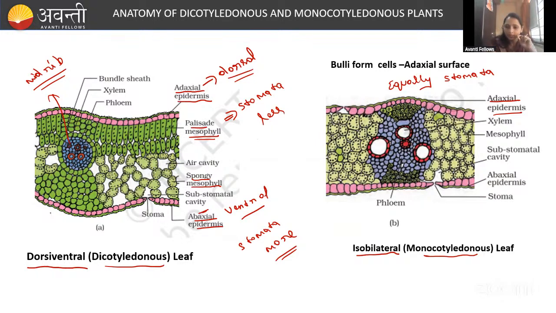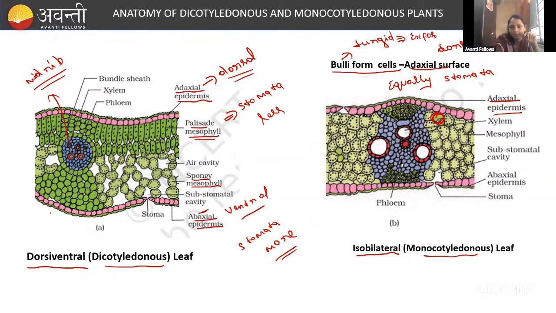Here you can see in the adaxial surface or in the dorsal surface, some of the parenchyma is uncolored. They become the white color. And here they mainly help in the turgidity. So those cells we call as the bulliform cells. They are present in the dorsal surface. When the bulliform cells are turgid, they will expose the leaf.